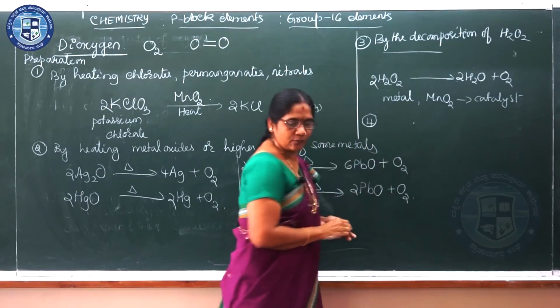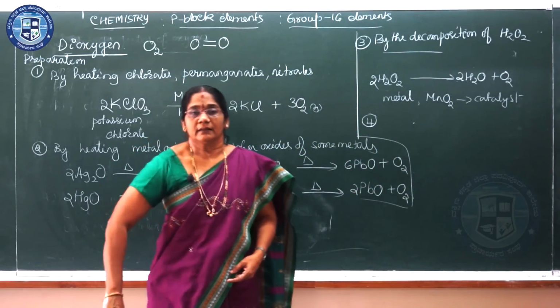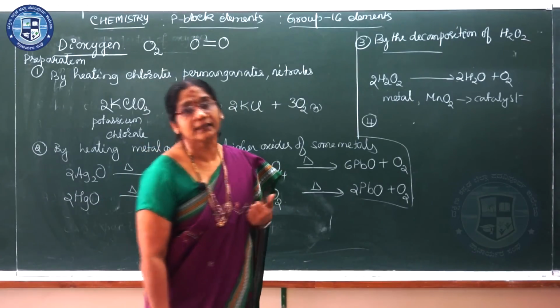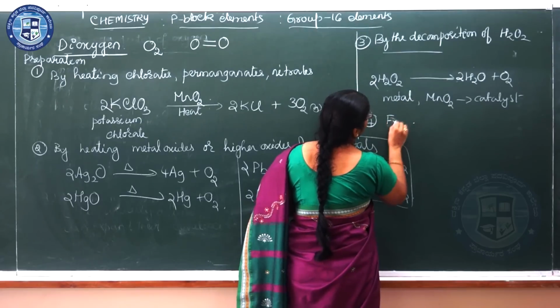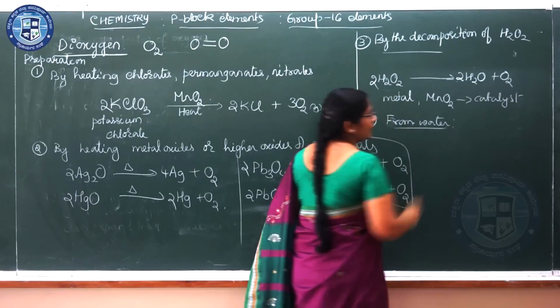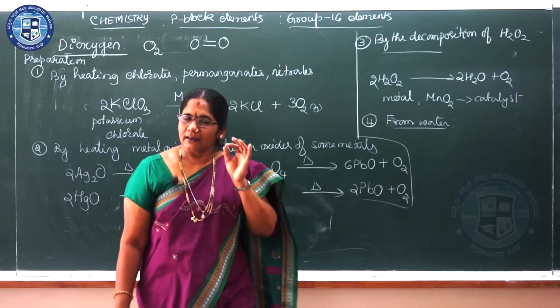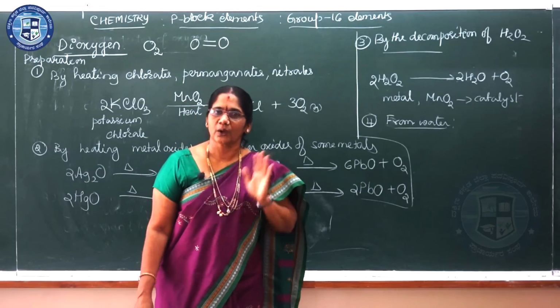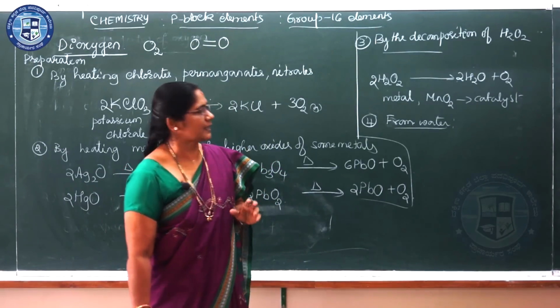Next we will see the fourth method. There is abundance of water on the earth. So from water, how do we prepare oxygen? All of you know this method. Pure water is a non-conductor of electricity, so we acidify it a little with very dilute acid.